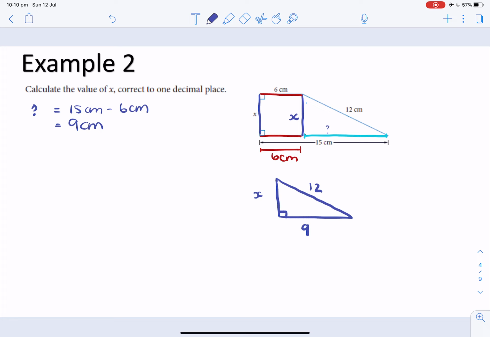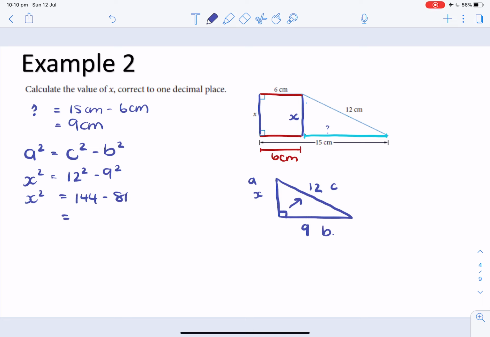Now remembering that this is opposite my hypotenuse, therefore it's my C. I'm going to call him A, I'm going to call him B. So using the transpose formula, A equals C squared minus B squared. My A is x squared is equal to 12 squared minus 9 squared. So x squared is equal to 144. Take away 9 nines are 81.